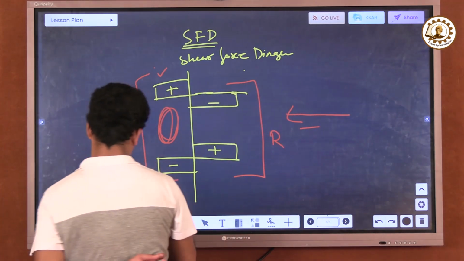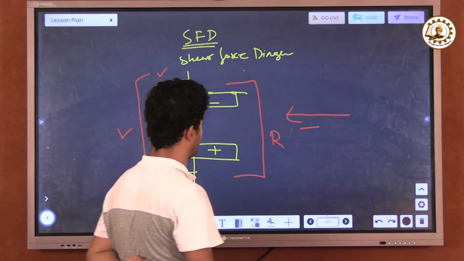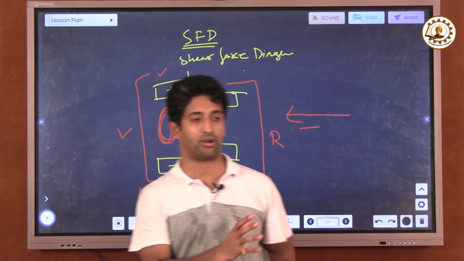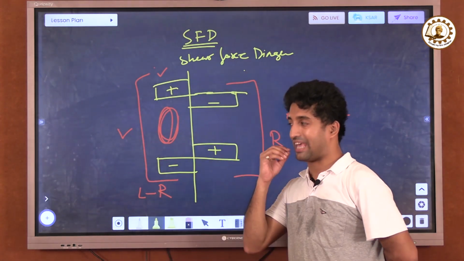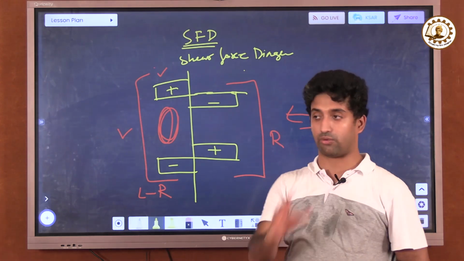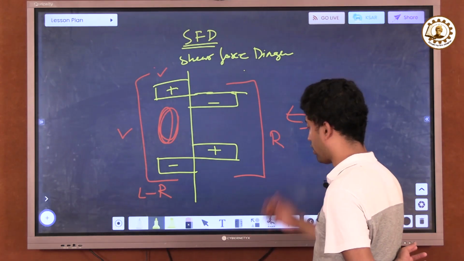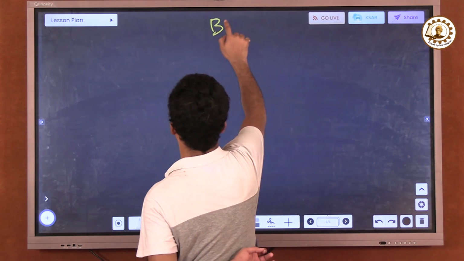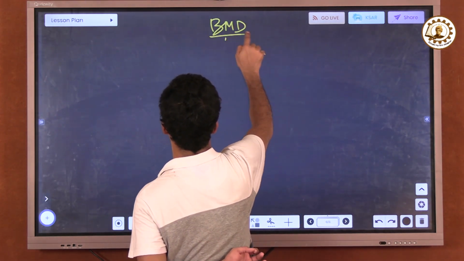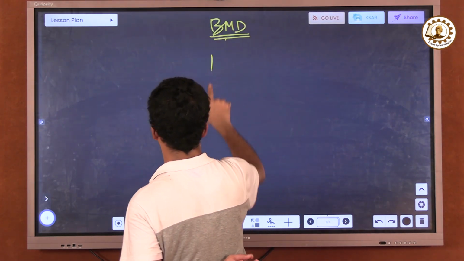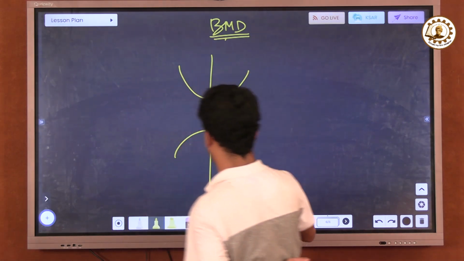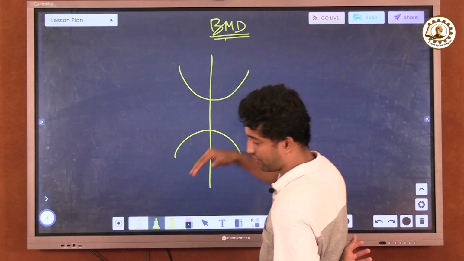Now let me get to the next point, and the last point is your sagging hogging. The most interesting part of this convention is about the moment, or we can say sagging and hogging. How it works actually. That is termed as BMD, that is bending moment diagram. So bending moment diagram is nothing but a bowl and a bowl which is inverted.